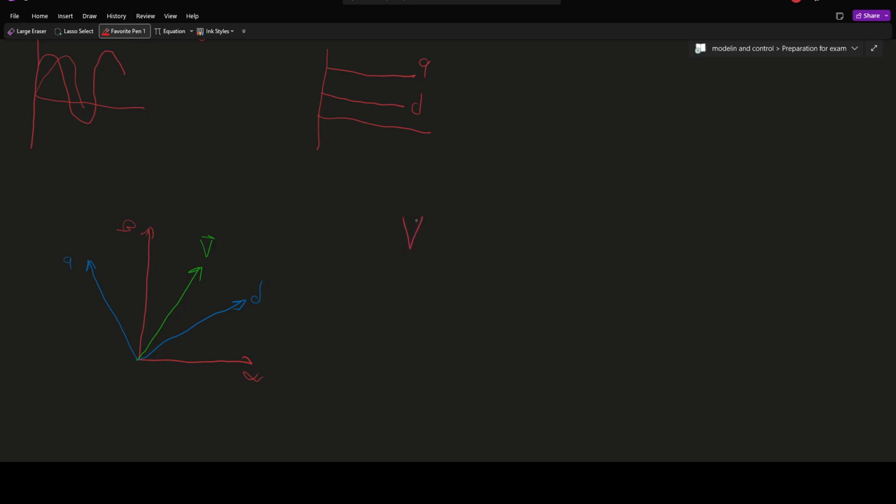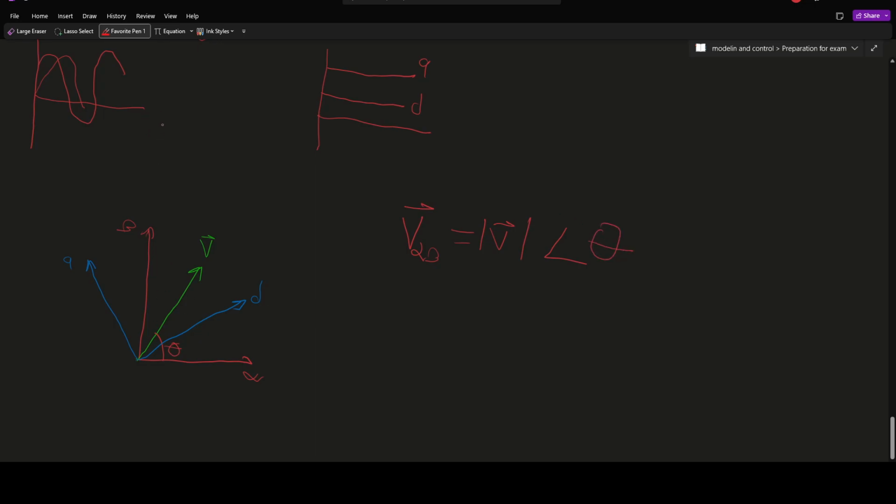We know that a phasor in alpha beta is going to be the magnitude and an angle, and this angle we call theta.